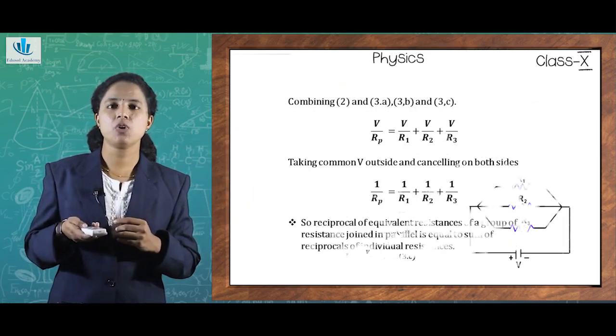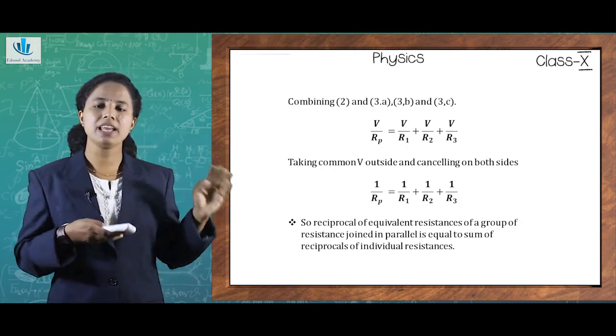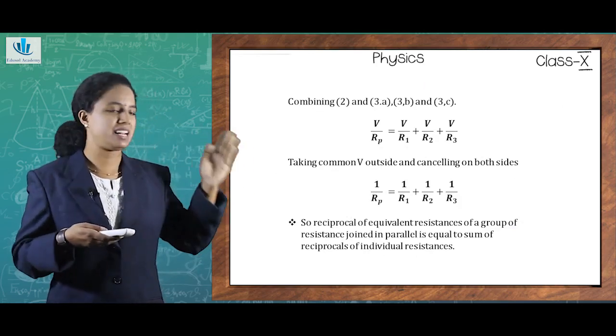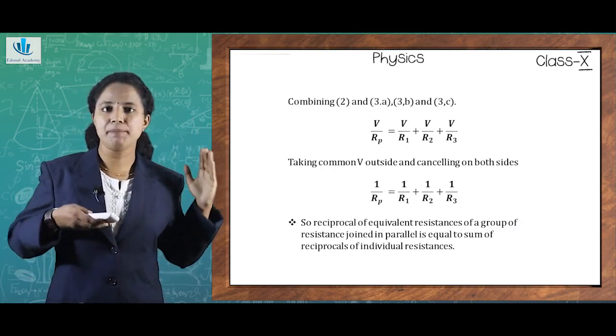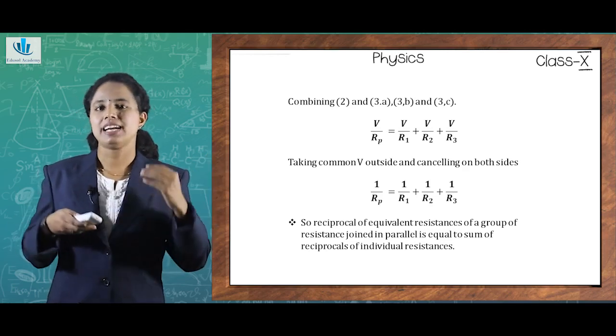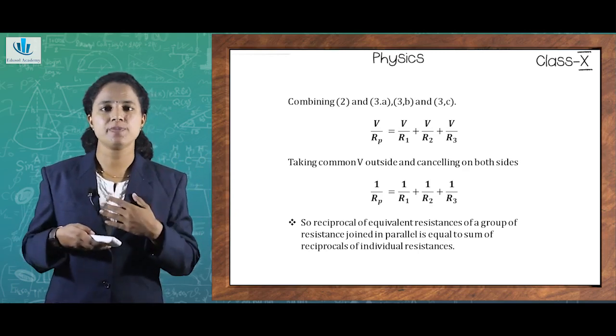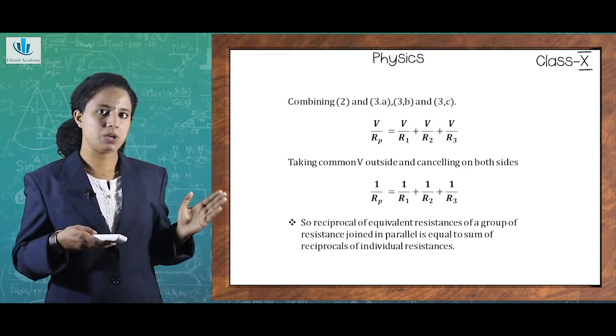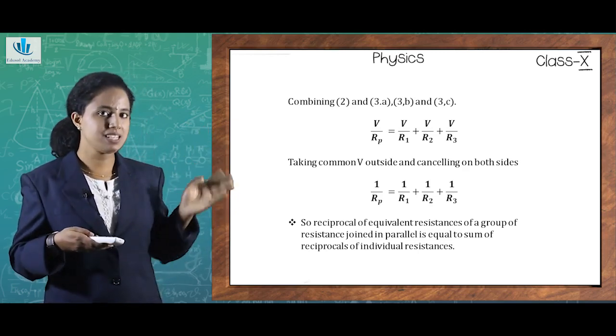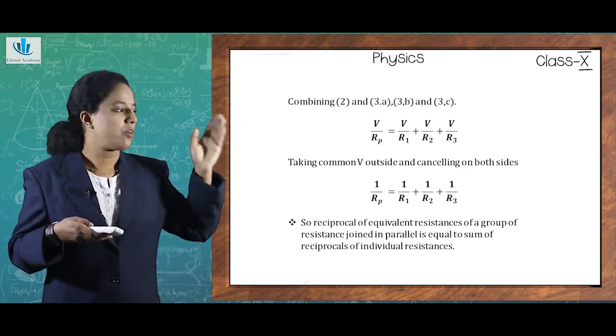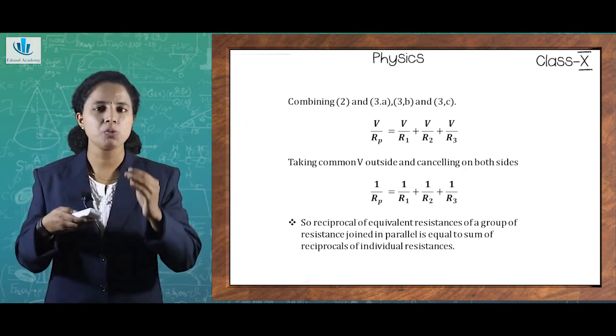Now we are going to apply it, combining the second equation and the third A, B and C equations. If we combine these equations, we would get V by Rp equals V by R1 plus V by R2 plus V by R3. How do we get it?